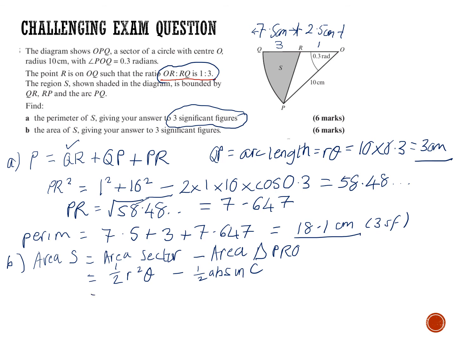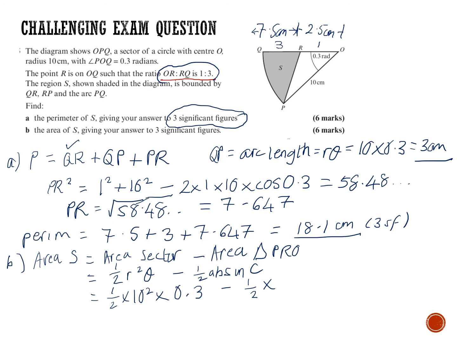Let's plug our values in. Area of the sector, half radius 10 squared, angle 0.3 in radians. Area of the triangle, half times, now just be a little bit careful with this, half ab sine C. It's not like when we're finding the area of a segment.